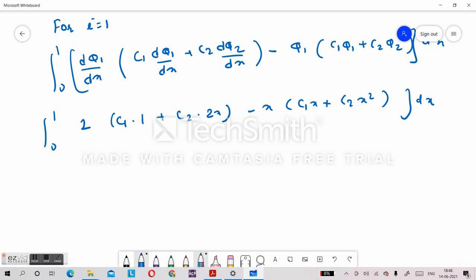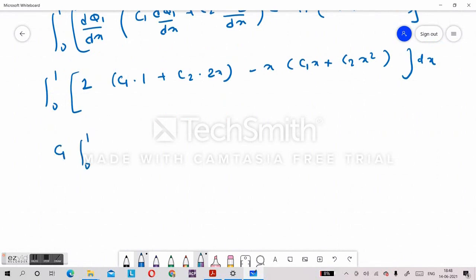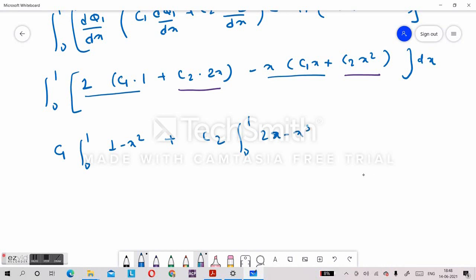Just correct the bracket here. Taking c1 terms common, integral 0 to 1 of 1 minus x squared, plus, taking c2 terms common, integral 0 to 1 of 2x minus x cubed, and this whole dx.